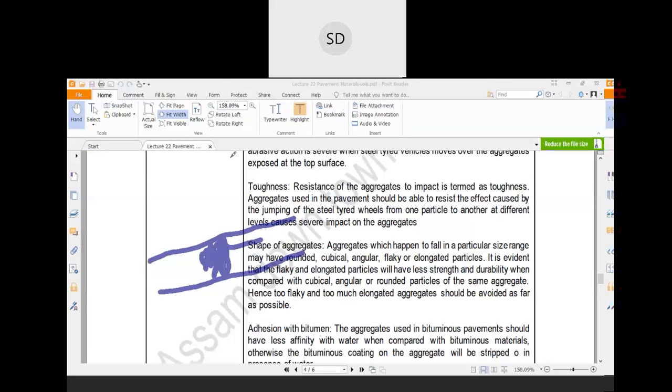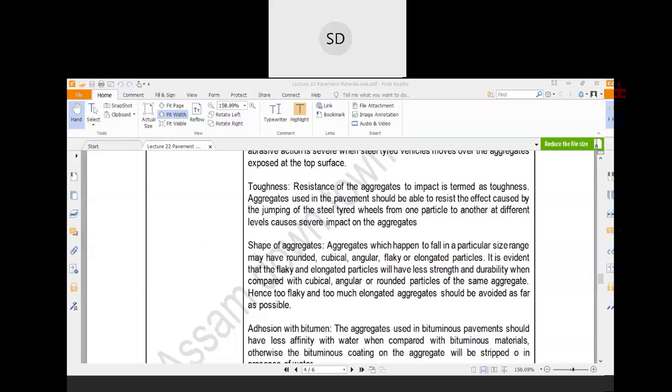Another example is whenever the vehicle starts moving over the road, that also causes some impact on the road surface. Therefore your road's aggregate must be tough enough to resist the impact. For this we need good aggregate which is very tough.